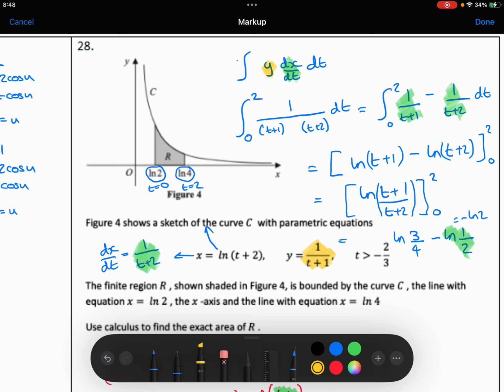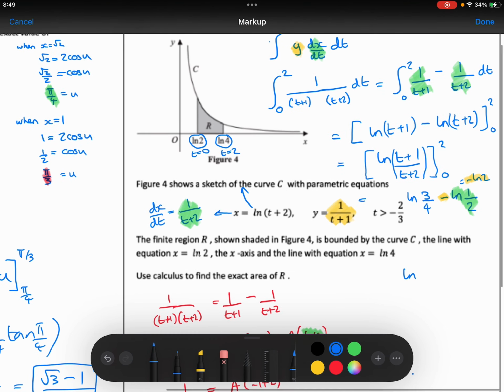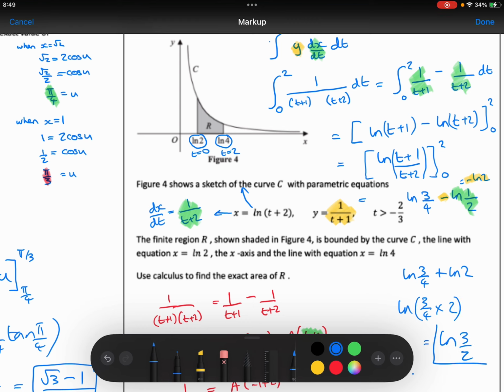And then the minus will turn into a positive, so I'll get ln 3 over 4 plus ln 2, which is the same thing as 3 over 4 times 2, which is ln 3 over 2.